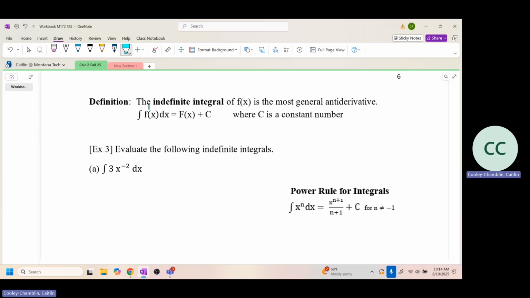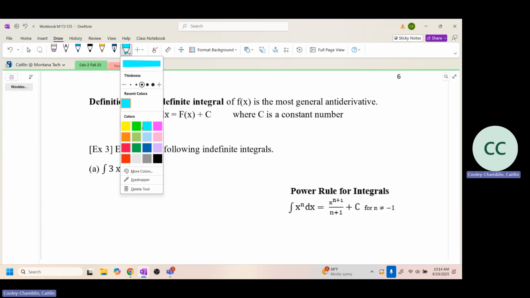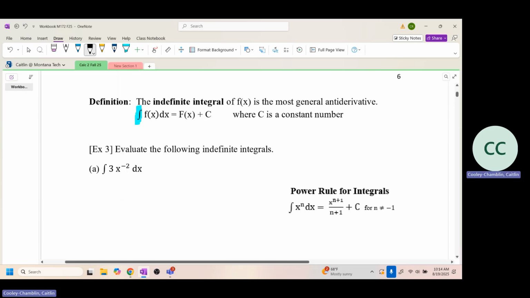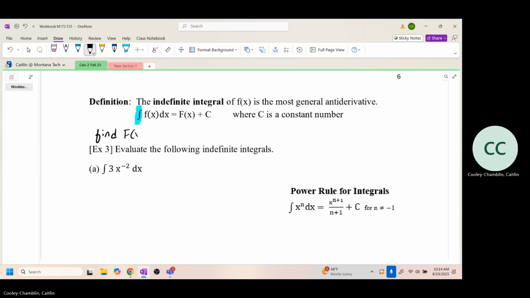So the indefinite integral, let's unpack some of this. This symbol right here is telling us to find f of x, or find whatever function is in here. We call this symbol the integral.